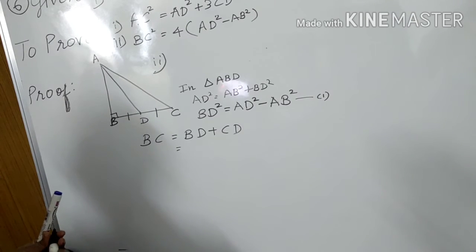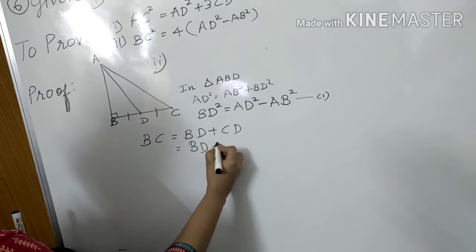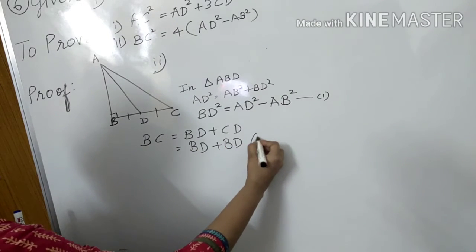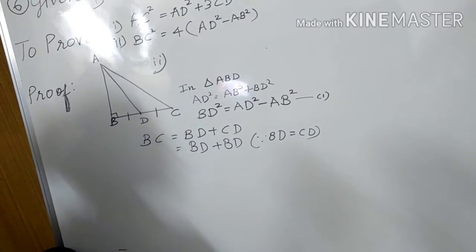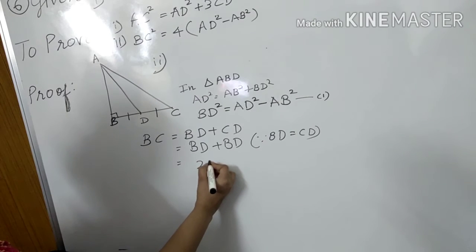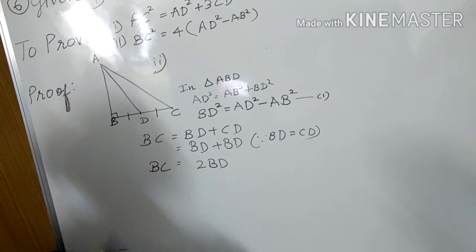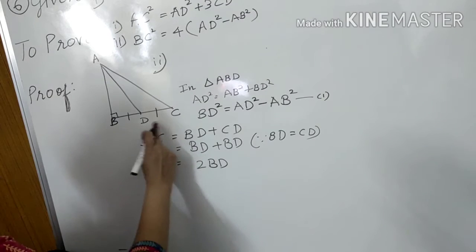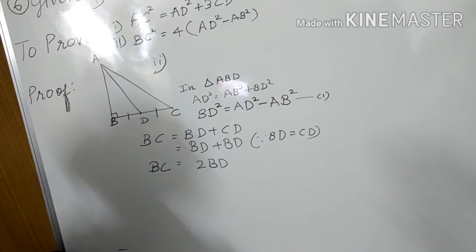In the bracket you can write it because BD is equal to CD. So here we get 2BD. BC is equal to 2BD. This is the result we found. As D is the midpoint, you can write either BD or CD, or you can write D is the midpoint.